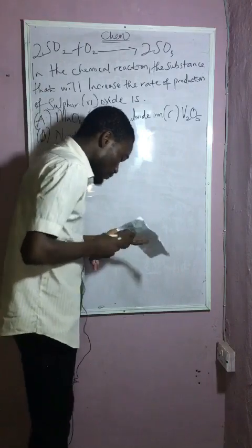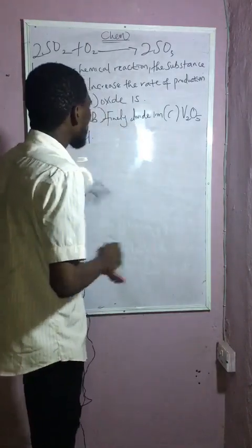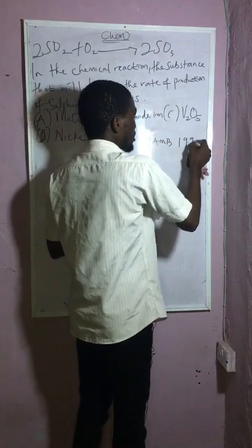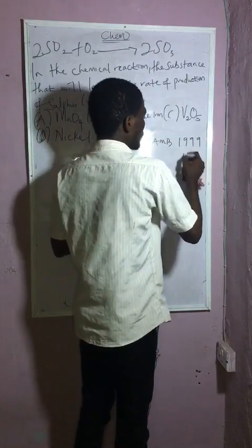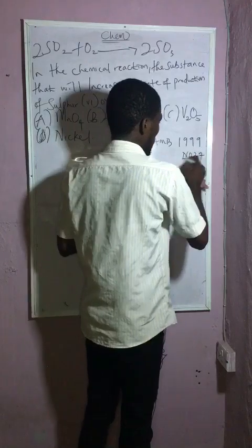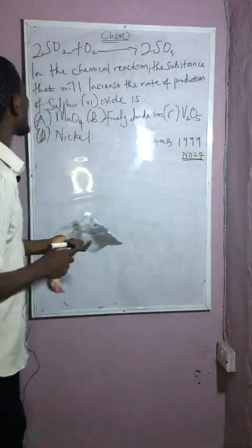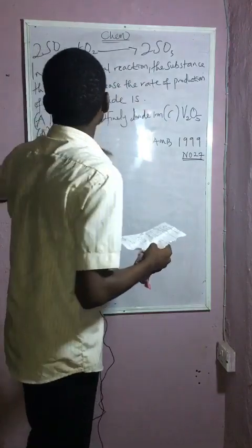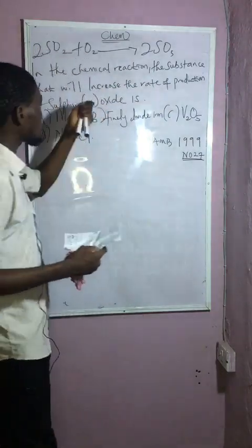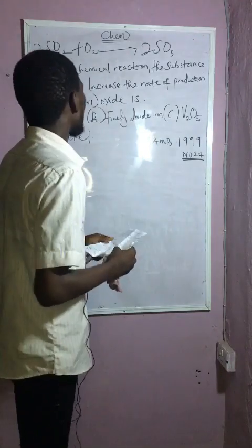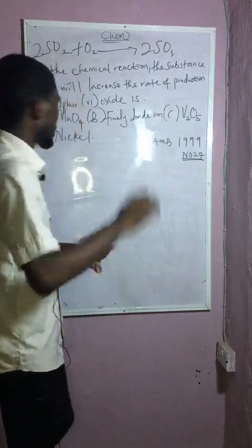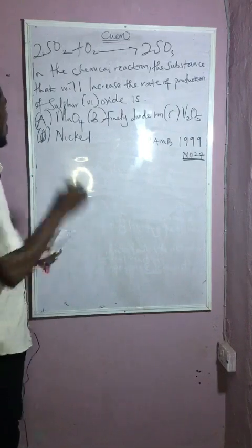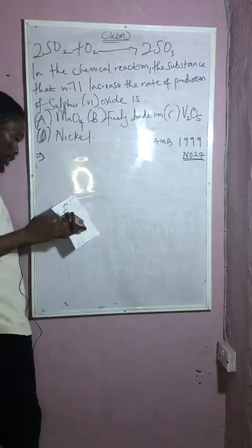So how do we deduce our answer for this? This one is also Jamb 9099, number 27. So it states: in the chemical reaction, the substance that will increase the rate of production of sulfur oxide.